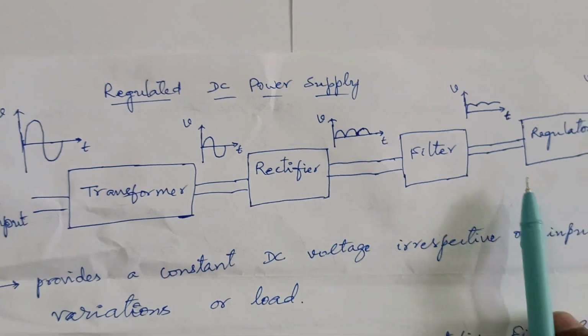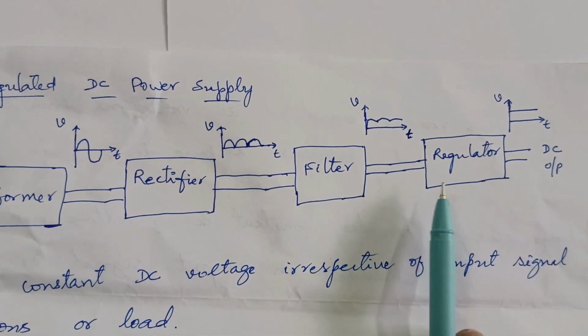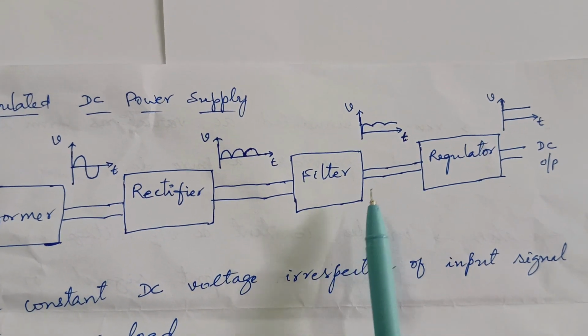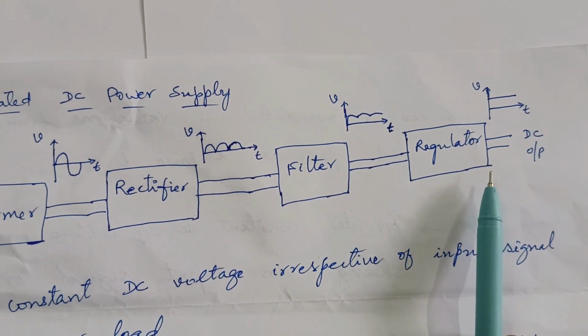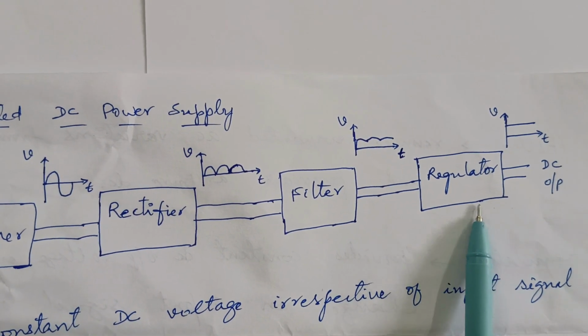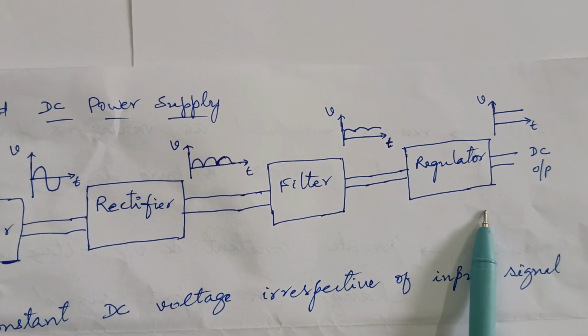Now let us consider the last block, that is the regulator. Let us understand the function of the regulator. The filter output is applied to the regulator. The regulator circuit is used to provide constant DC output voltage even if there are changes in the input signal.